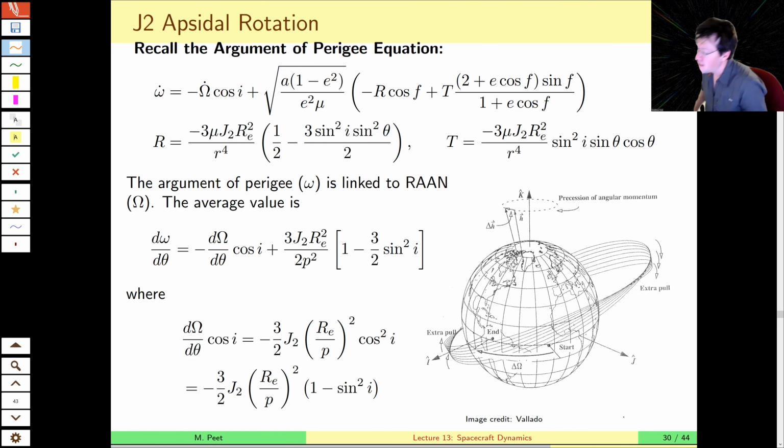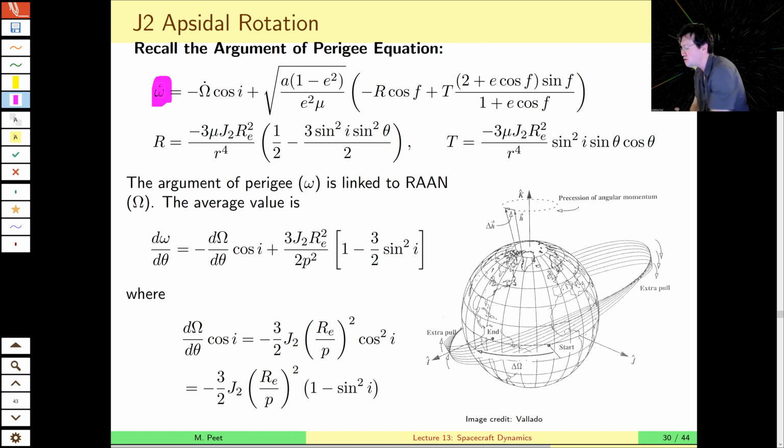Right. So that's right ascension. It's not actually as well known as the second orbital perturbation due to J2, which is that of argument of periapse. And that we'll talk about more. But it's required for that because, if you may recall, our formula for the change in argument of periapse has change in right ascension in it.